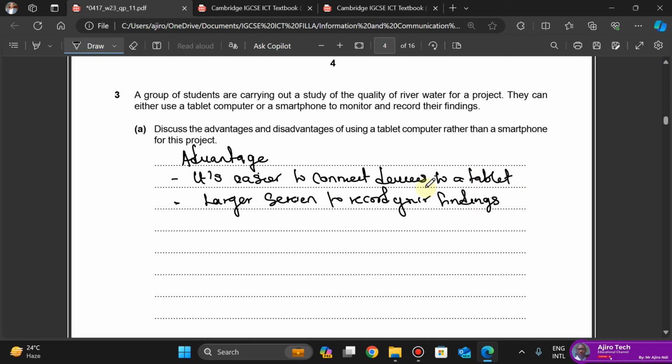Whatever you are saying has to be in relation to the question. So to record your findings, they also have a larger screen to see the findings.